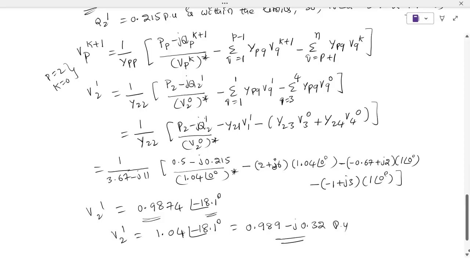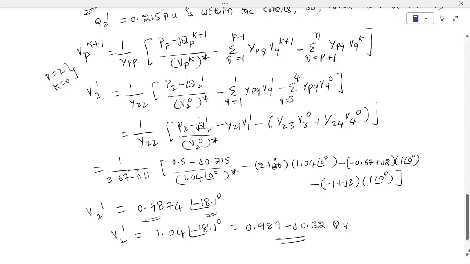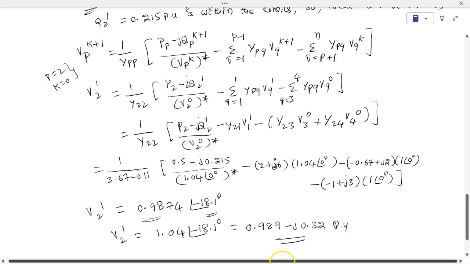All these values you can calculate with the calculators. You can check whether these are correct or not. This is the calculation of V21, that is the V2 value at the end of the first iteration.